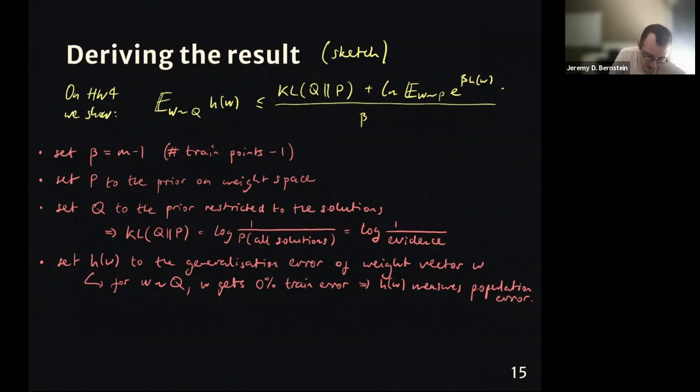So we set beta to be the number of training points, and this gives us the thing that we just saw. To give you this very simplified version, I set P to be the prior on weight space, and I set Q to be the prior restricted to the solutions. And then the KL divergence simplifies to be just log 1 over the prior probability of all solutions, which is just log 1 over the evidence.